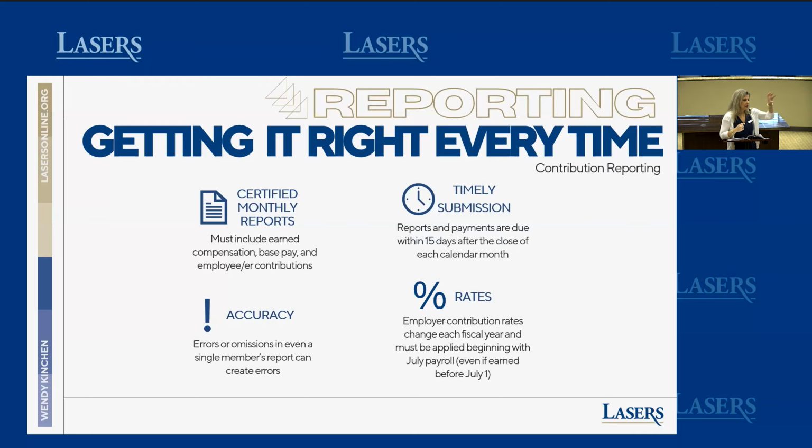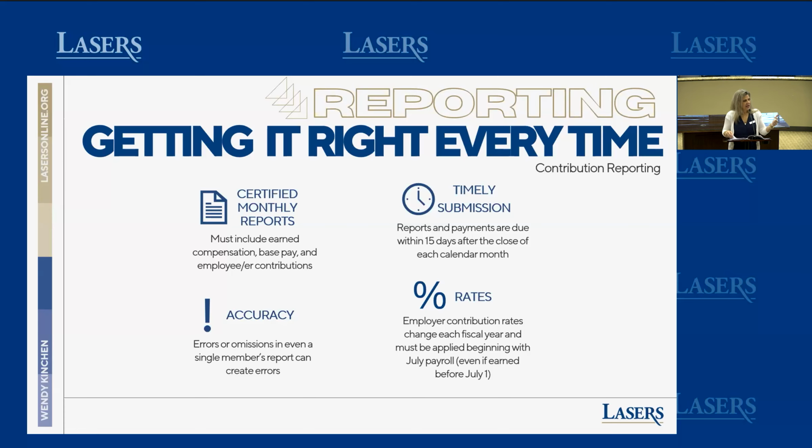Even if that compensation was earned and paid prior to July 1, if you are reporting it in July, it must be at the new rate. The contributions must use that new contribution rate, not the previous fiscal year contribution rate. So make sure you get that updated.